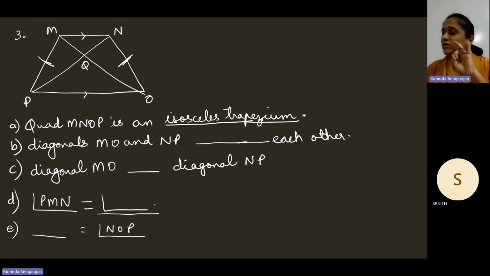In a trapezium, they don't bisect each other. They divide each other proportionally. Something else does.